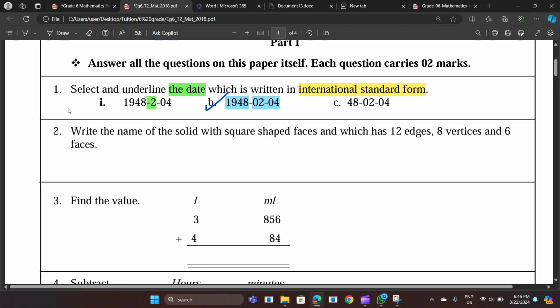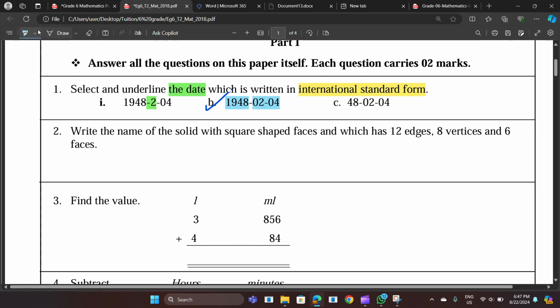Okay, in your second question, write the name of the solid with square-shaped faces and which has 12 edges, 8 vertices, and 6 faces. Okay, it is asking about the solid. You have to name the solid according to the given information.